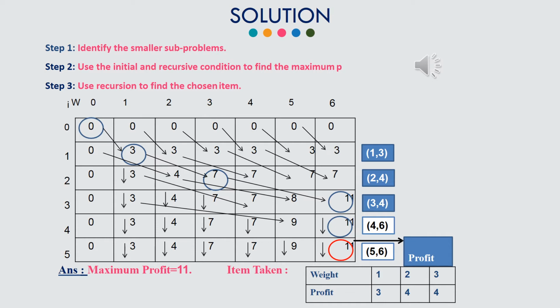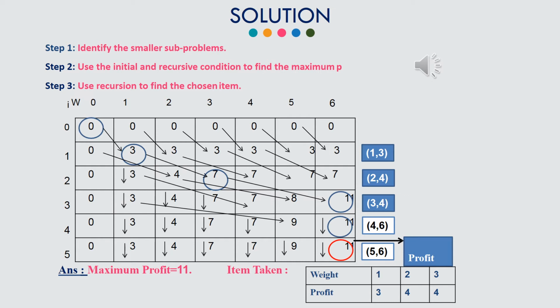So we will construct one table with rows and columns. The rows contain weights and the columns are items. In the 0th column we put all 0, because we have 0 items.